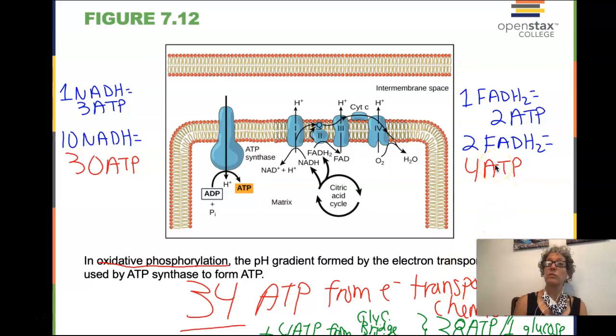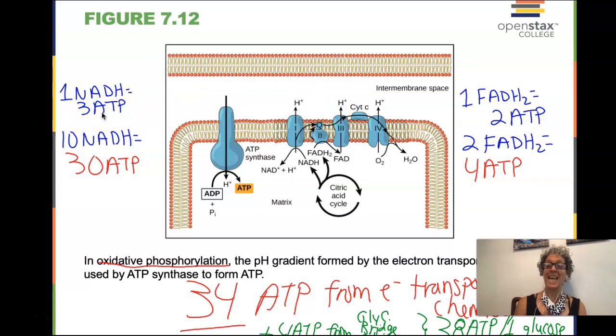So we had calculated how many coenzymes, how many electron carriers we had generated from glycolysis, the transition step, and the citric acid cycle. We saw that they are going to be donating their electrons in electron transport. 1 NADH generates enough of a gradient to generate 3 ATP.